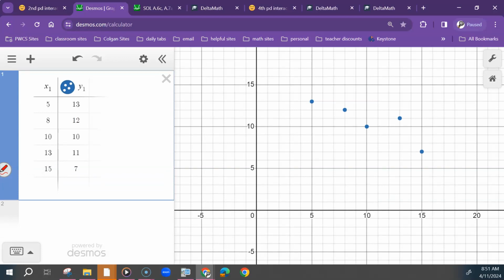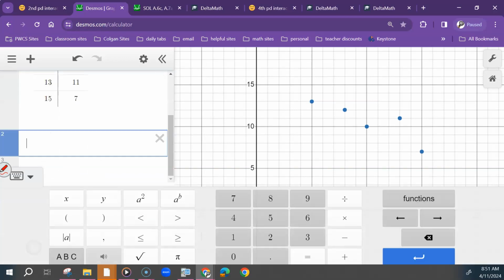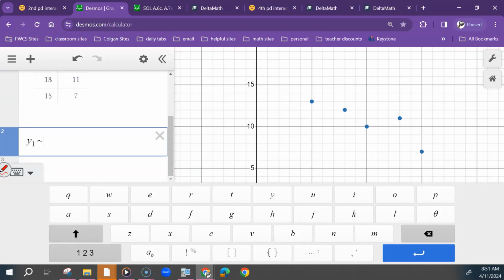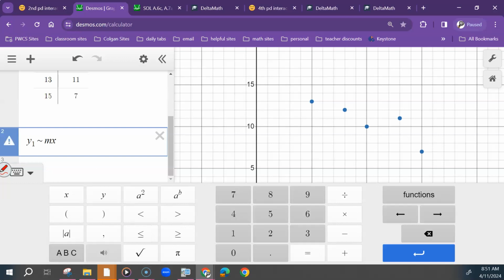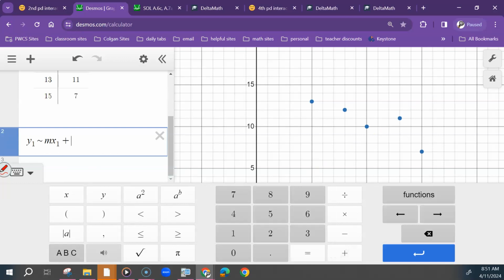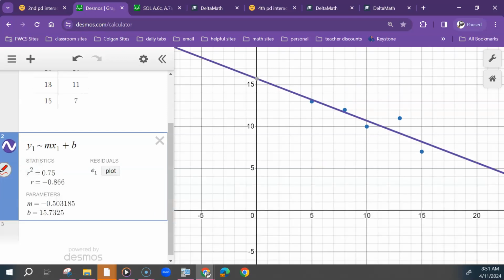To find the line of best fit, I need my y1, the squiggly line, the tilde, mx1 plus b. And our line of best fit, let's put 3 decimal places: y equals negative 0.503x plus 15.733.